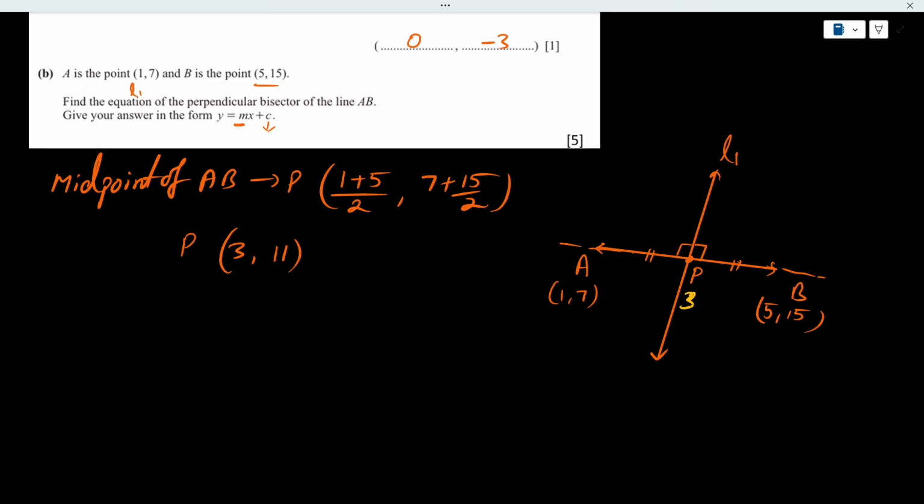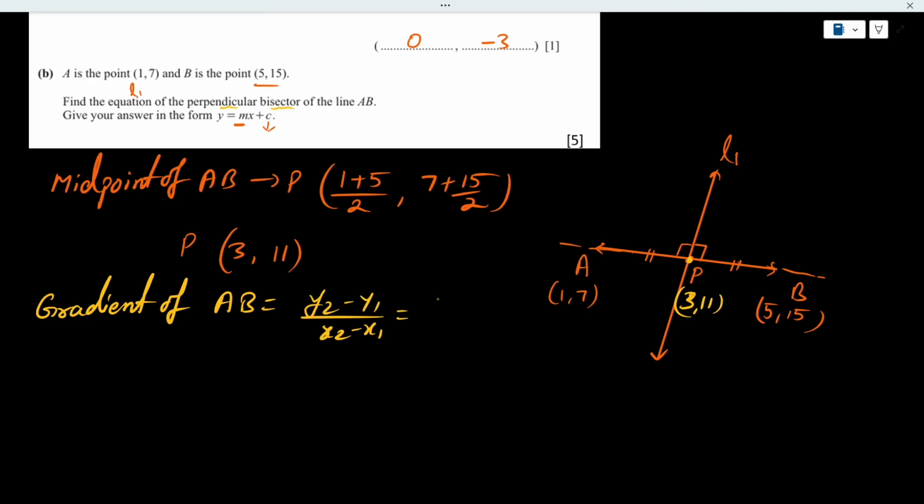So I got a point which is part of the other line, because it's written here perpendicular as well as bisects AB. AB is getting bisected at P, and P is a point on L1. Now I need to find the gradient of AB, because for the perpendicular line I don't have any point other than P on line L1, so I can't calculate the gradient. So first you get the gradient of AB, which is y2 minus y1 by x2 minus x1.